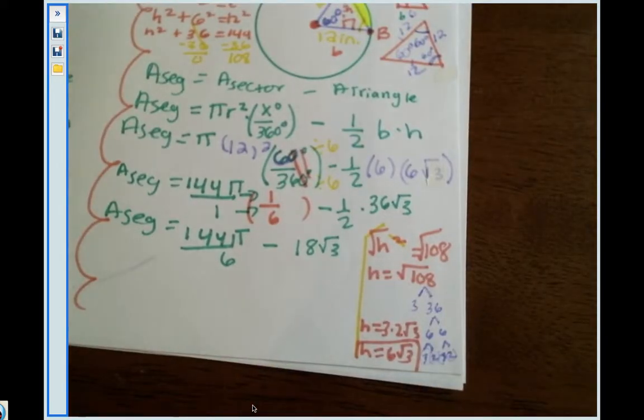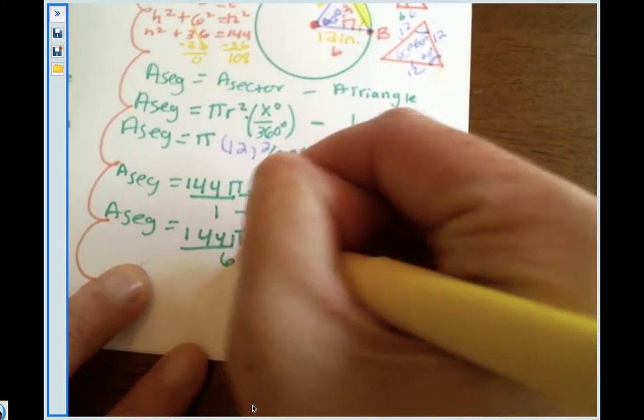Okay, so let's finish this problem. I need to reduce down my fraction, which is what's something that goes into 144 and 6. I gotta think on this one. Well, 3 definitely does. I wonder if 6 goes into it. Actually, 6 will divide into both, so I'm going to divide both of these by 6.